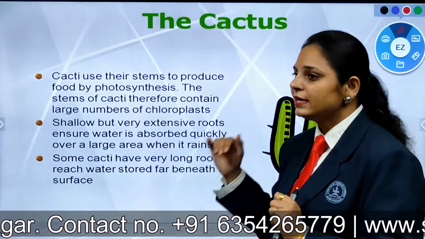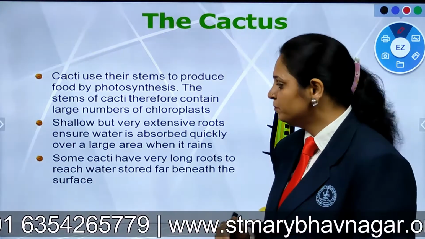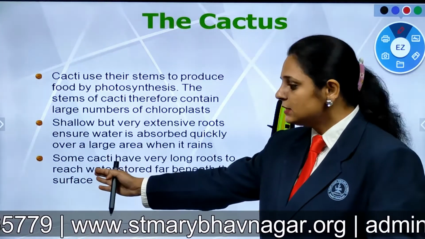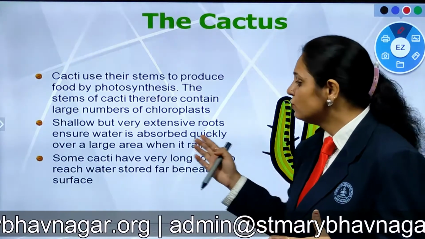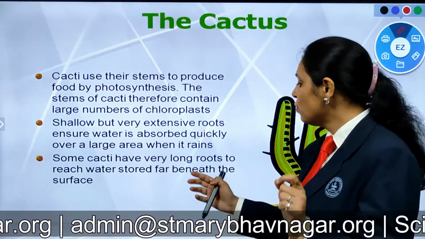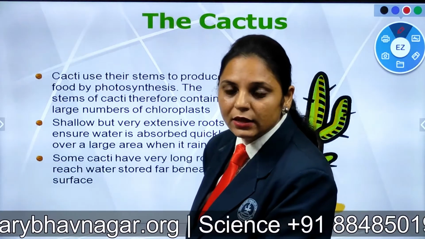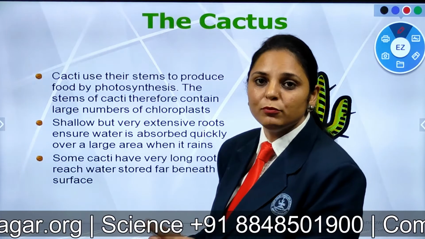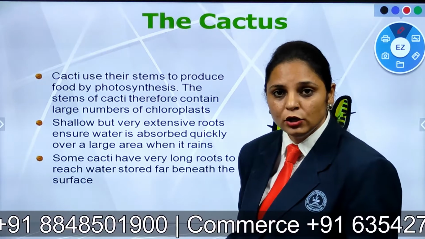That's why the extensive roots play an important role in the conservation of water in the case of desert plants. Some cacti have very long roots. Why? To reach the water stored far beneath the surface. I think it is clear why the cactus has the property to conserve water, and secondly how they perform photosynthesis.